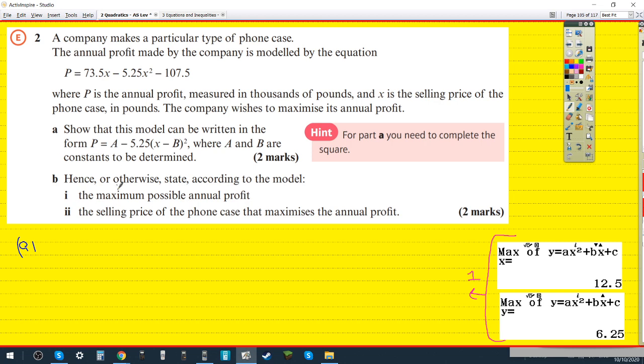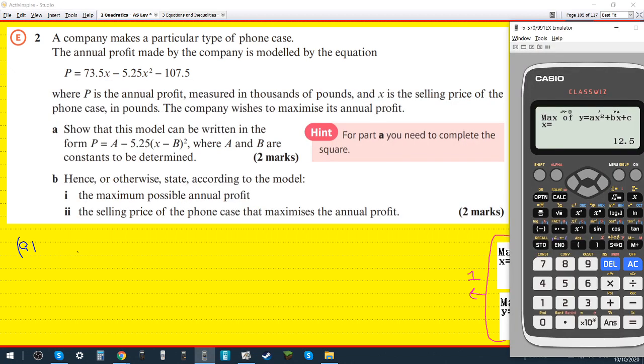And so what was A? What was B? A was minus 5.25. Okay. I mean, what's the answer to the question, like the roots?